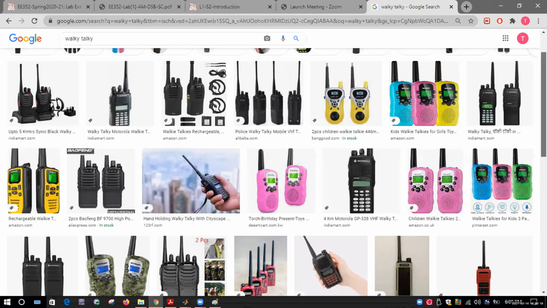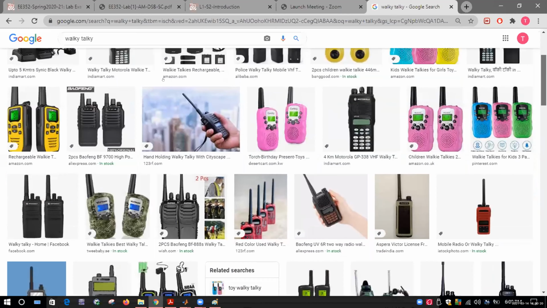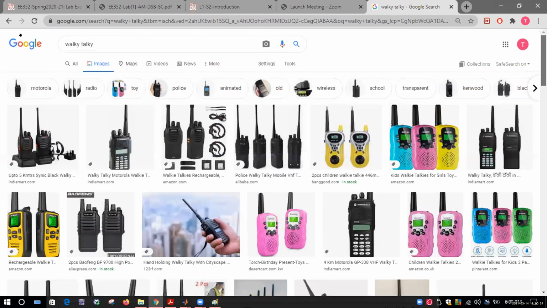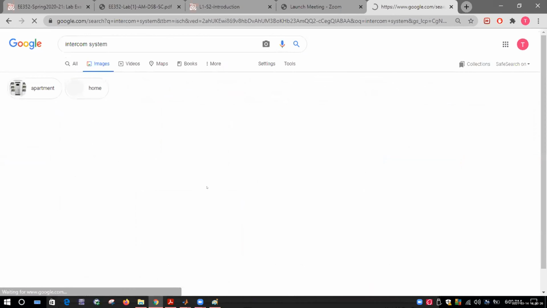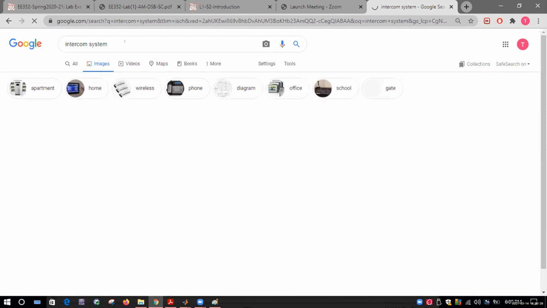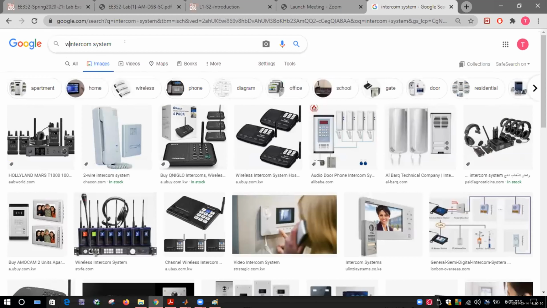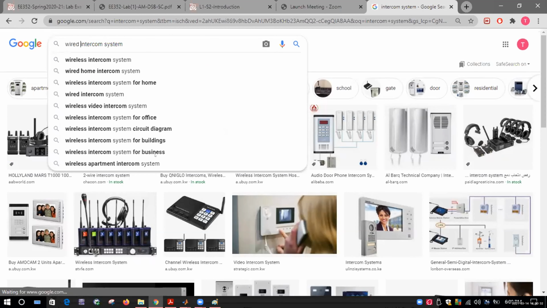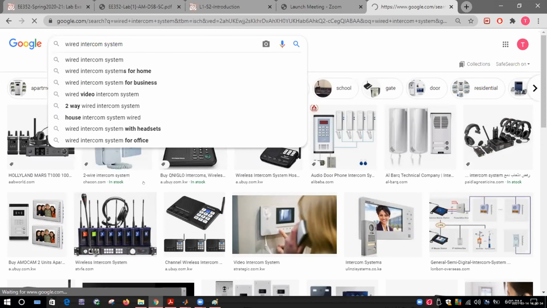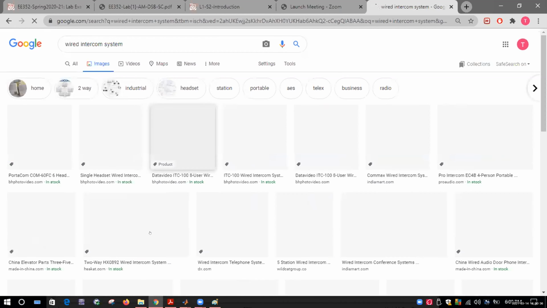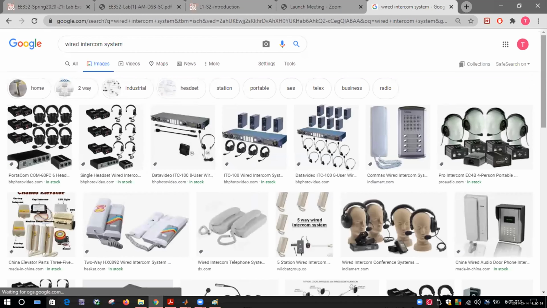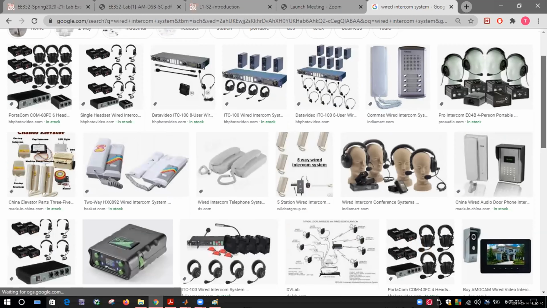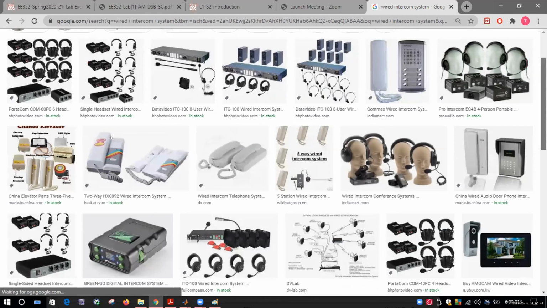Sometimes we may have a wired intercom like this. Have you seen this one? A wired intercom where people can talk to each other, but this one uses a wire.